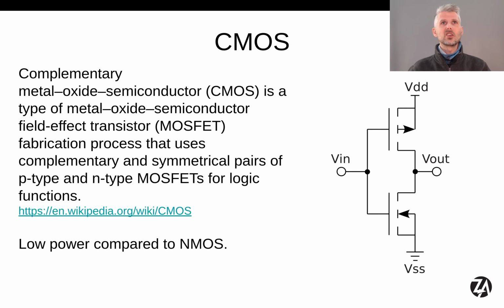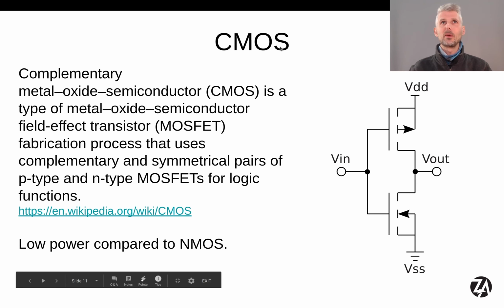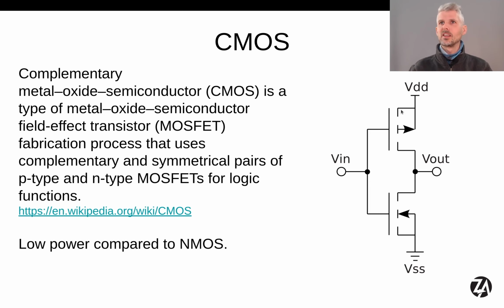So one of the innovations led to complementary MOSFETs, where instead of having that pull-up resistor, we replace it with a P-type MOSFET, so that when we want something to be high, we can pull it up with a switch instead of with something that we can't get rid of later. So this leads to efficiency gains.